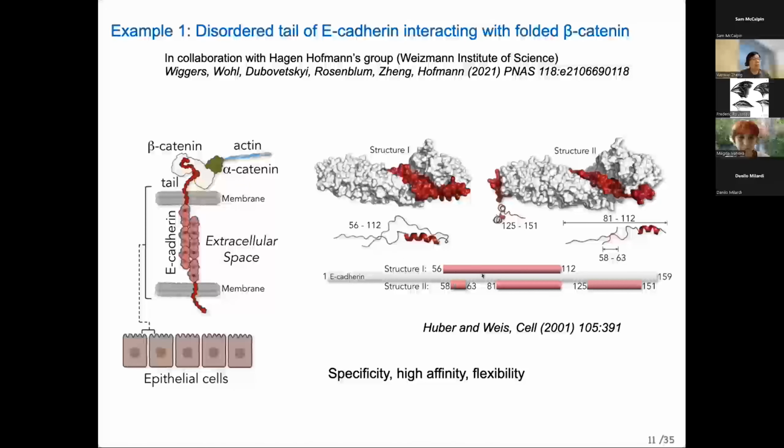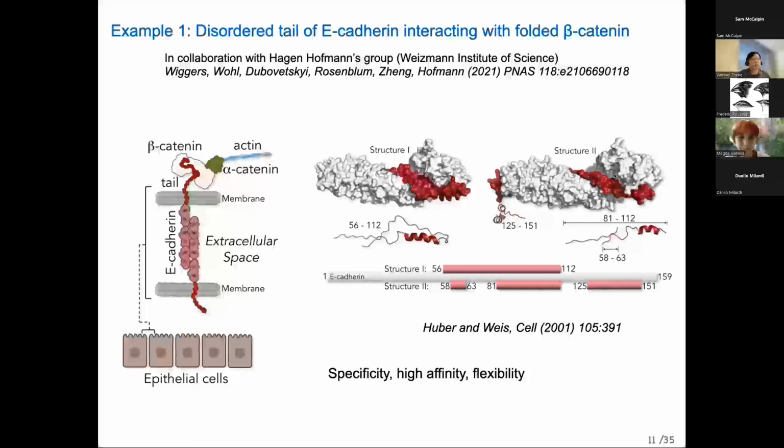In the first structure, from residue 56 to 112, it's structured, but the N-terminal and C-terminal parts do not have structure. For the second structure, the middle part of the chain does have structure, but it is a little bit different from the first one, whereas the C-terminal tail still has structure, bound to the folded partner.